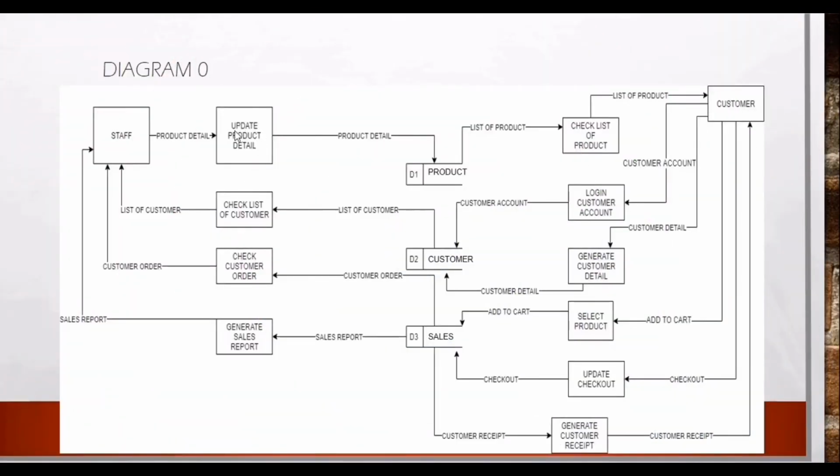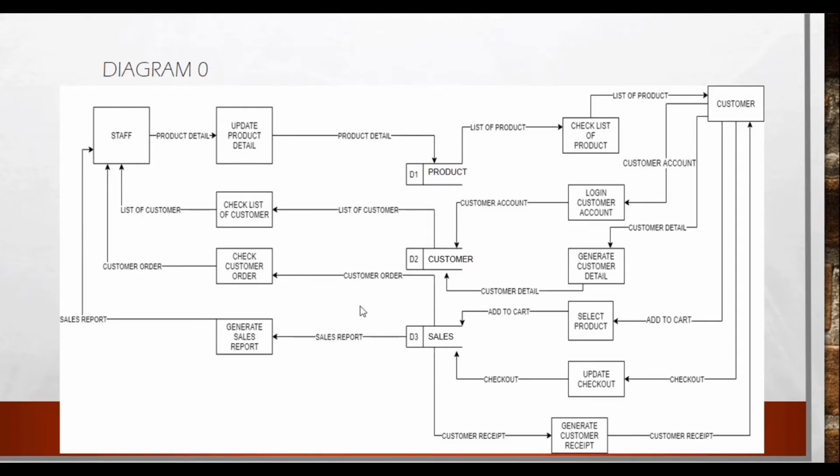For the update product details process, staff will send product details into the update product detail process and it will send into the product data store. For the checklist of customer process, the customer data store will send the list of customers into the checklist of customers process and it will send to staff.